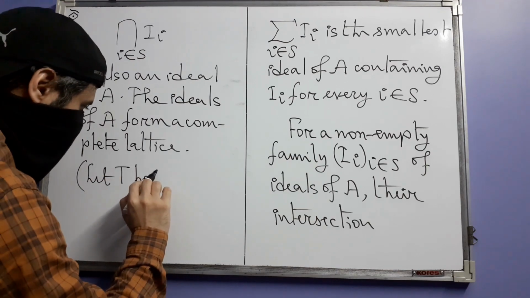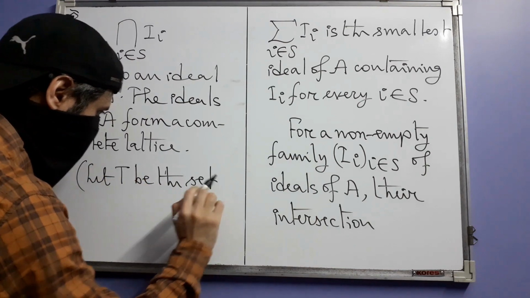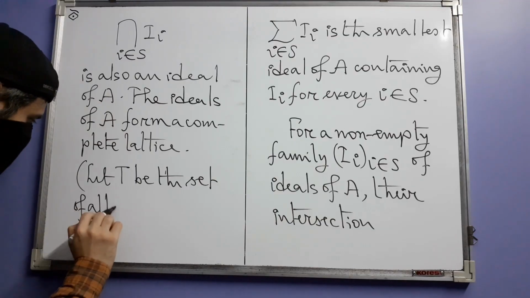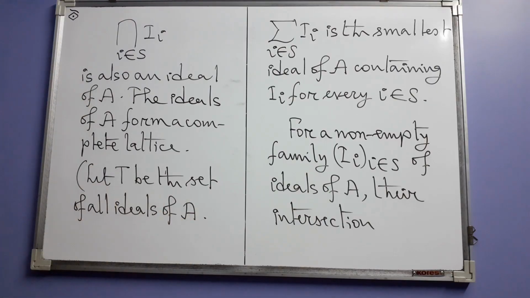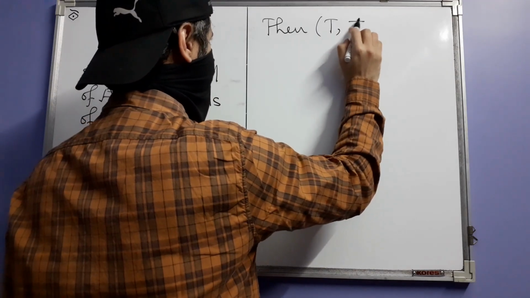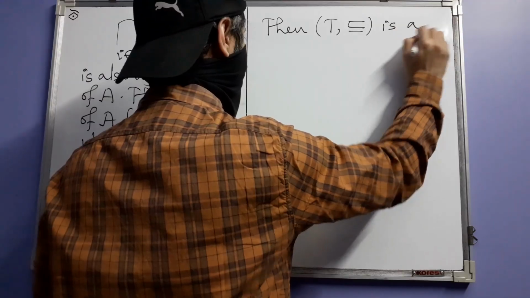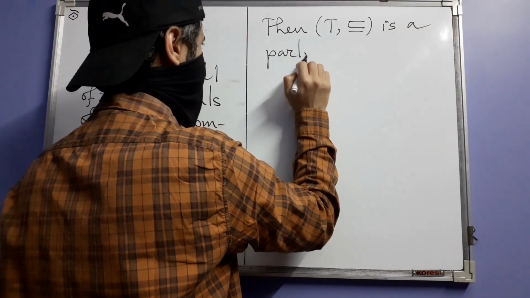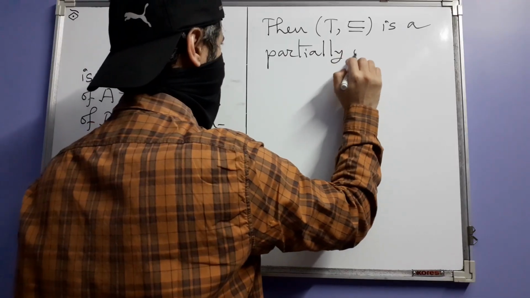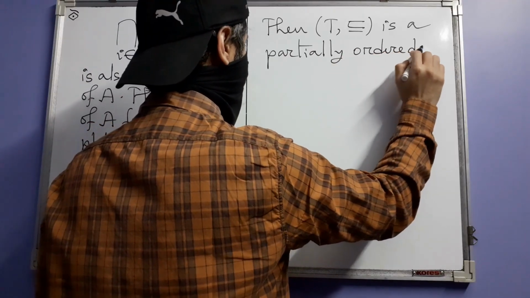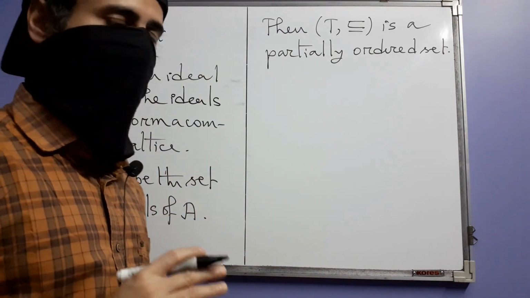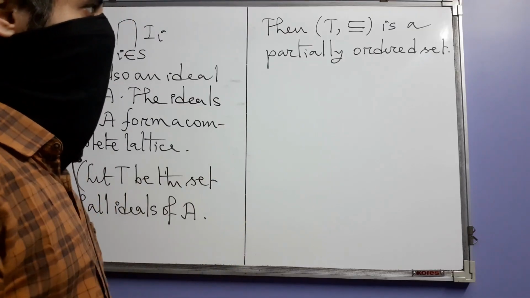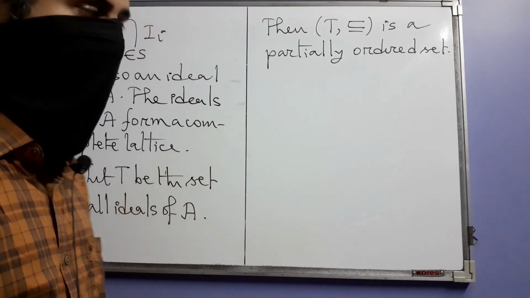Let T be the set of all ideals of A. This is a partially ordered set, and this partially ordered set will be a complete lattice provided every subset has a join and a meet.